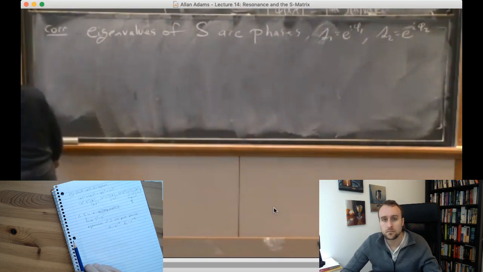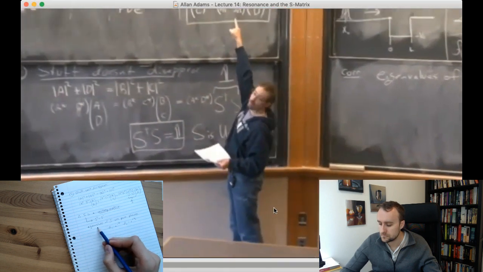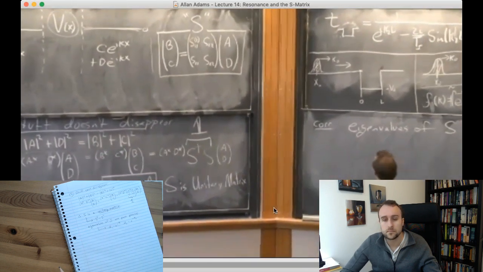So the statement that S is a unitary matrix leads to constraints on the coefficients. You're going to derive these on your problem set. I'm just going to list them now.